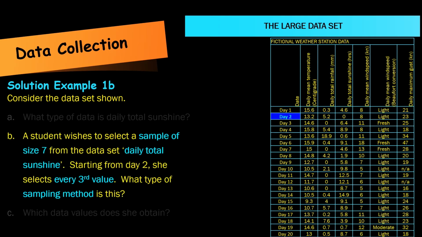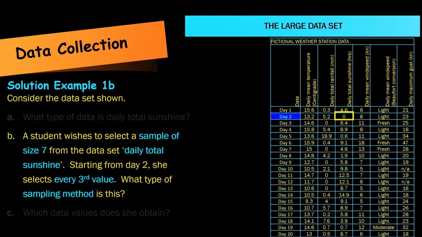And now let's solve part B. A student wishes to select a sample of size 7 from the dataset Daily Total Sunshine. Starting from day 2, she selects every third value. What type of sampling method is this? So let's solve this. Here's the Daily Total Sunshine highlighted.